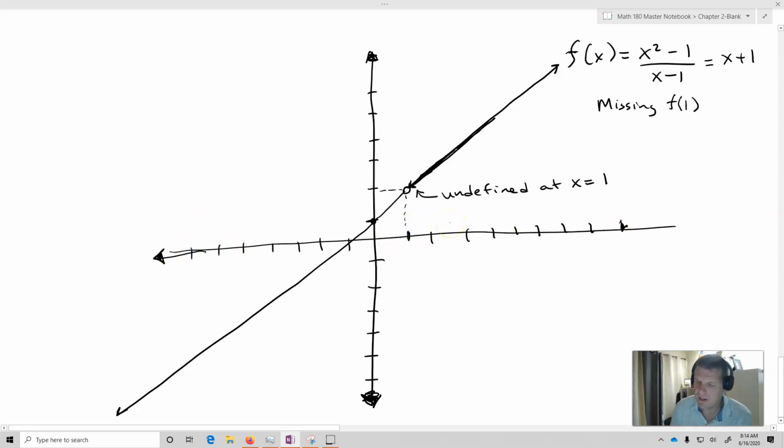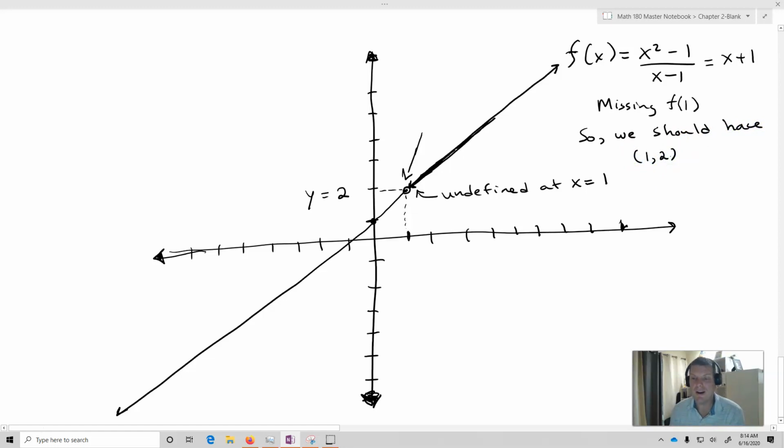If I look here at 1, what I see is that the point that I'm missing is at y equals 2. All right, so we should have 1, 2. That's our missing point.